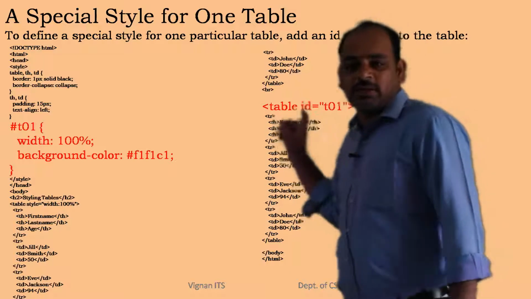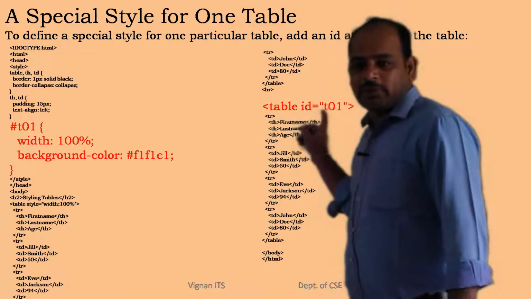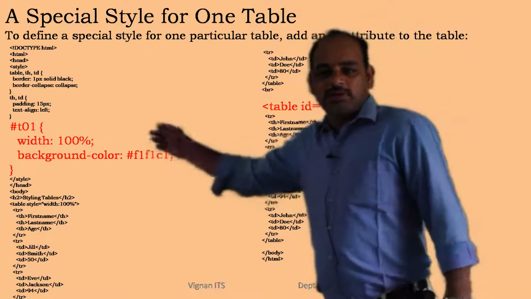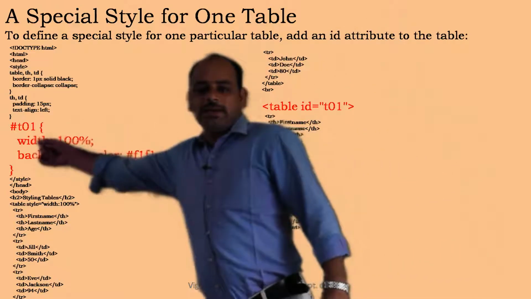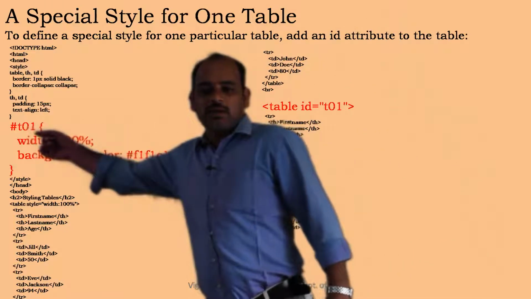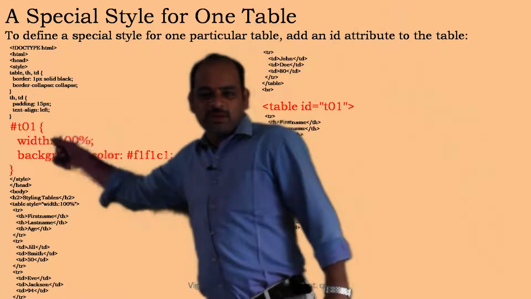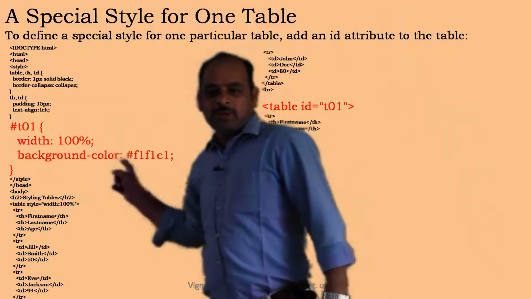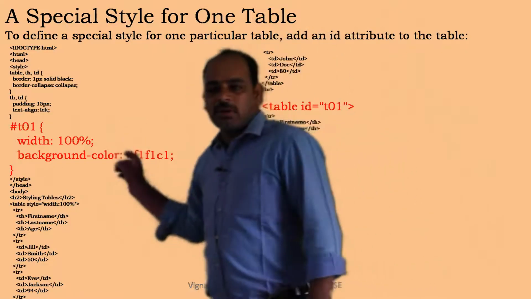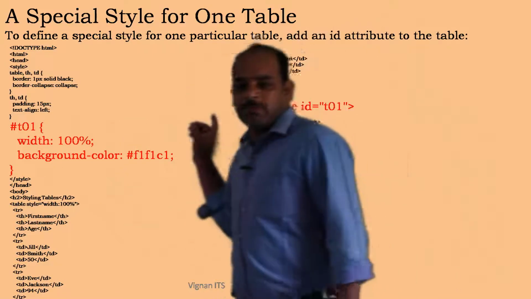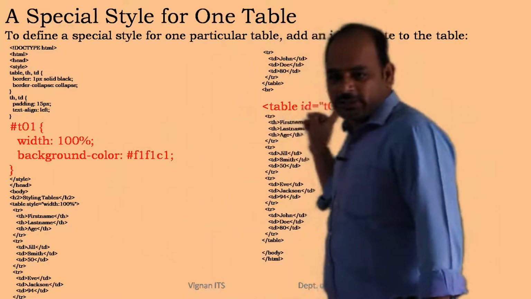By this ID you can identify the table. So that's what I am using, only the ID in CSS. Hash T01, its width is 100%, background color is this one here. So this table is identified by using its ID T01 here, right?